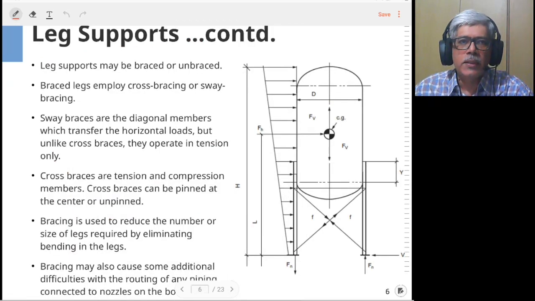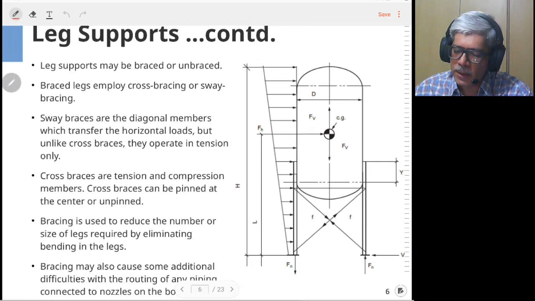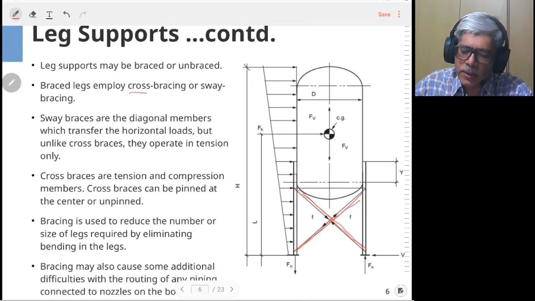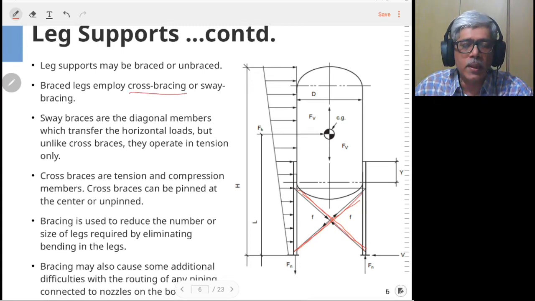In the case of leg supports, we have to note that the legs can be braced. What do we mean by bracing? The legs can be interconnected by means of some structural elements. Depending on what structural elements are used, they are classified as cross brace legs and sway brace legs.